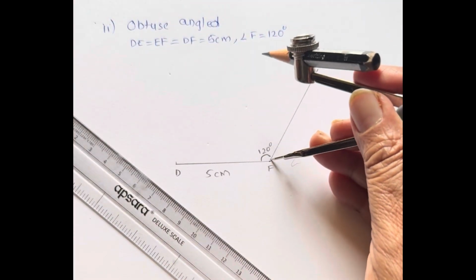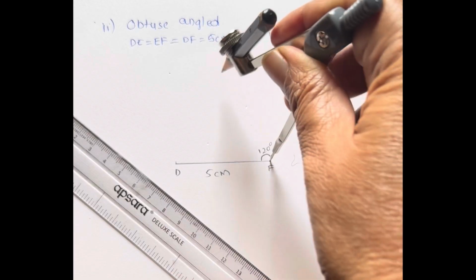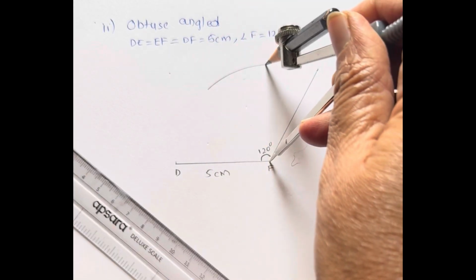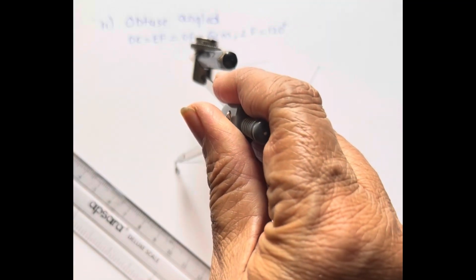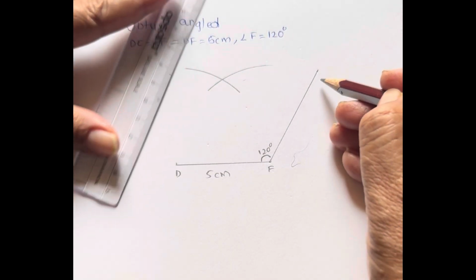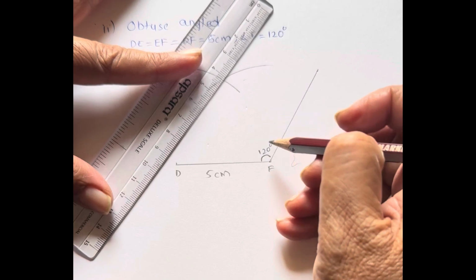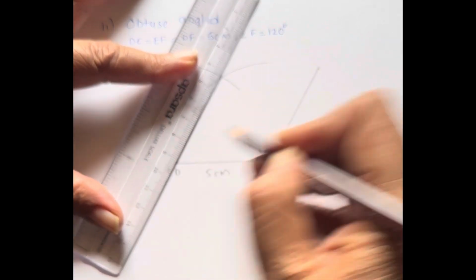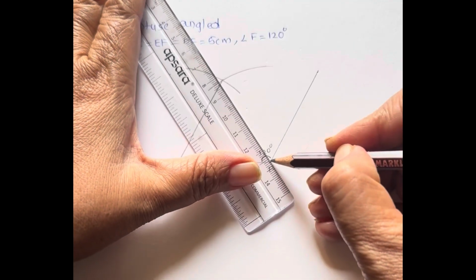So we take F as base and cut an arc. No need to form circles, you can just cut an arc so that they meet each other. Right, now see the point of intersection. Where are you getting? It is over here, not anywhere at angle 120 degree. Right, so again this is not possible.